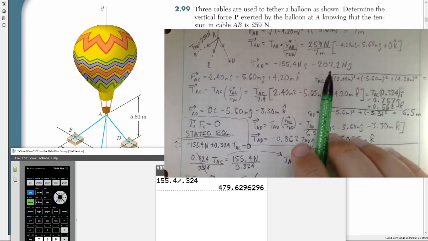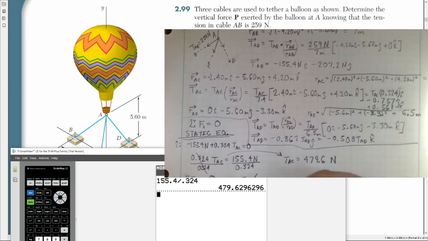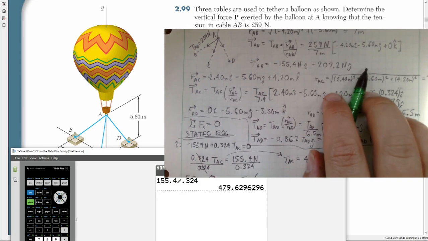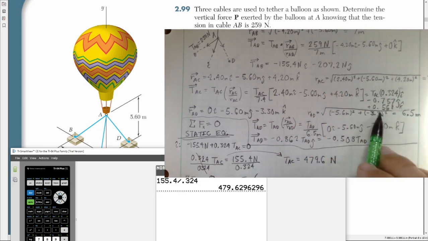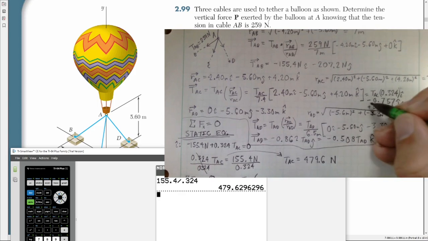Okay, so let's look at the forces we have. We have our tension AB. There's no k hat component, so it would be 0 in the k hat direction, the z direction, for AB. For AC, we forgot to write in the tension AC multiplied by each one of these components here.